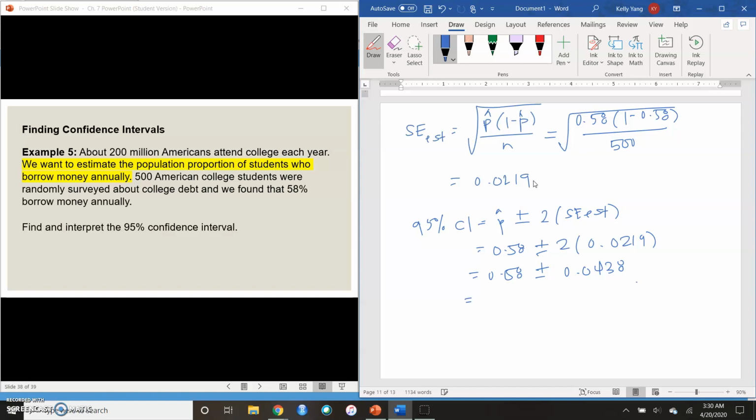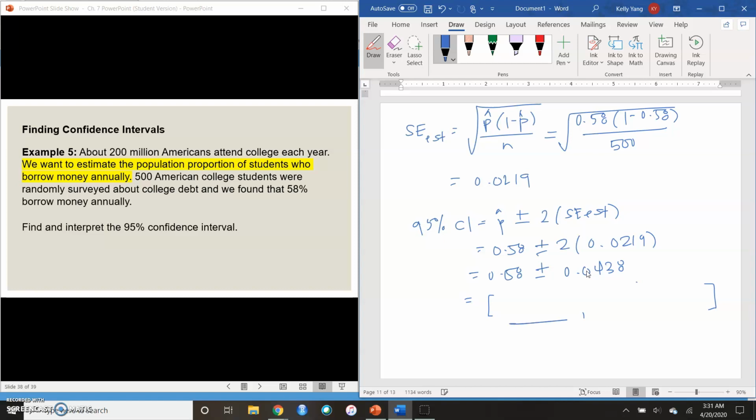When you get to this step, we have a plus and minus sign, which means we have to take 0.58 minus 0.0438, and then also 0.58 plus 0.0438. The confidence interval is a range of values, so we're going to be getting two numbers. To indicate that it's an interval, I'm going to use brackets with a comma in between the two numbers.